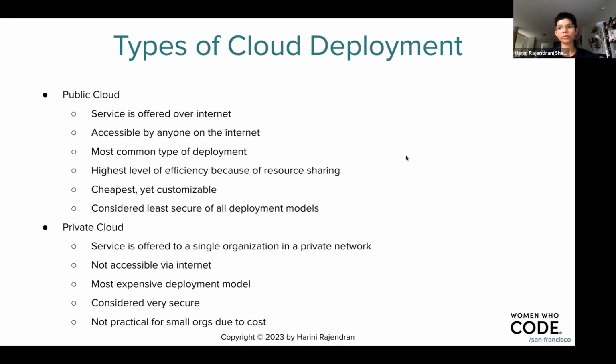So it's not accessible via the internet. Hence it is considered the most secure. But at the same time, you can imagine that it's the most expensive of the three deployment models for the same reasons, right? It's used only by one organization, so there's no economy of scale compared to the public cloud.